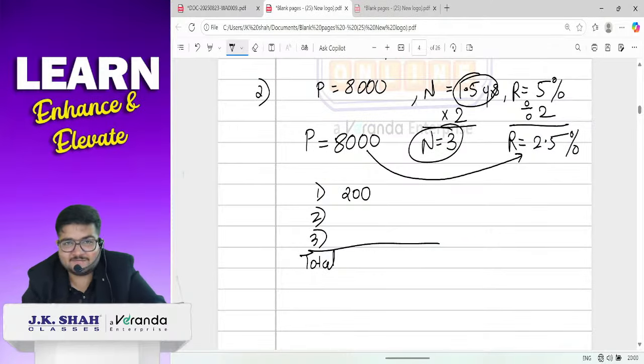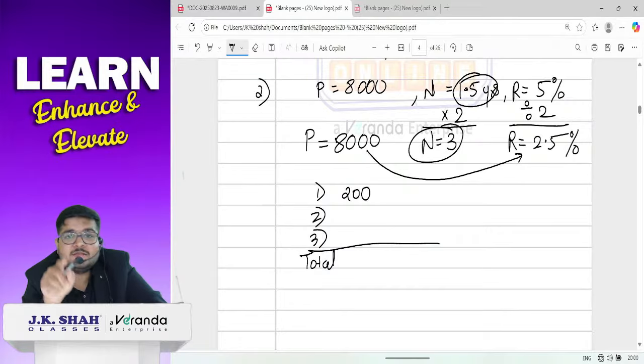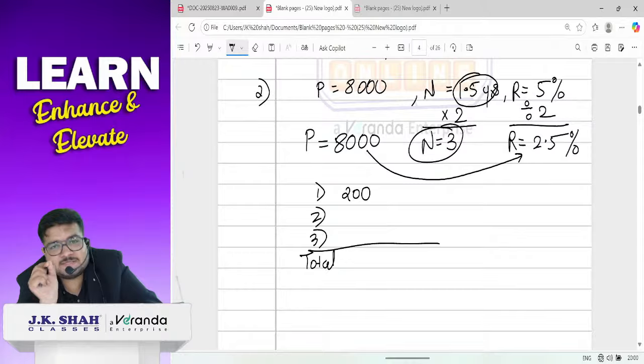But interest will be calculated on the half rate, not the full rate, not on 5%. Interest will be calculated every 6 months, but with respect to 2.5%, because full year ka it is 5%, half year ka it is 2.5%. I hope everybody understood this, right?